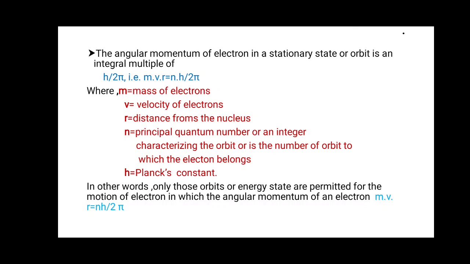The angular momentum of an electron in a stationary state or orbit is an integral multiple of h upon 2 pi, that is mvr is equal to nh divided by 2 pi, where m is the mass of the electron, v is the velocity of the electron, r is the distance from the nucleus, n is the principal quantum number, or the number of the orbit to which the electron belongs, and h is Planck's constant.